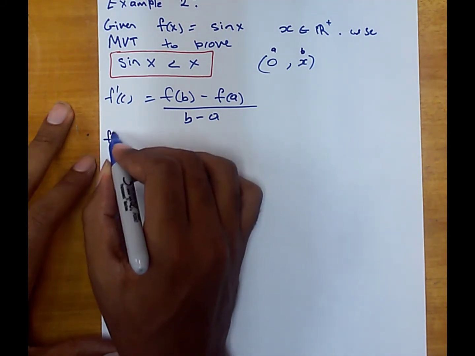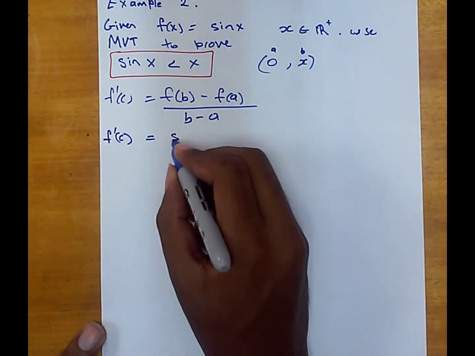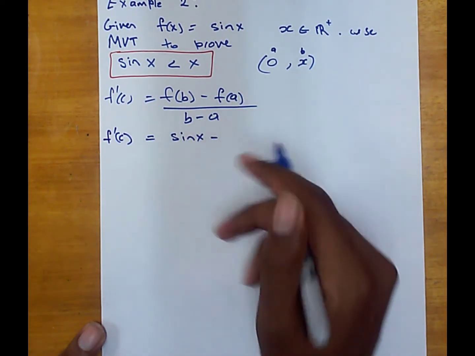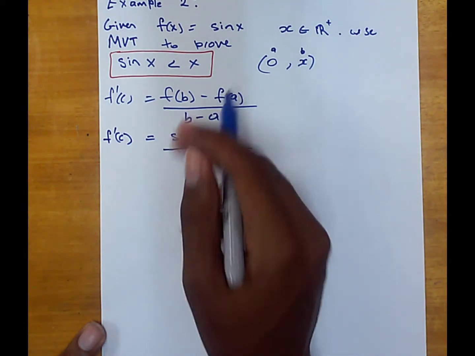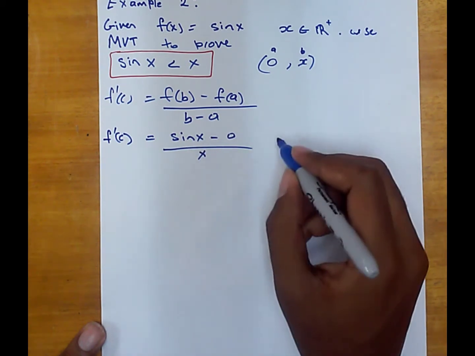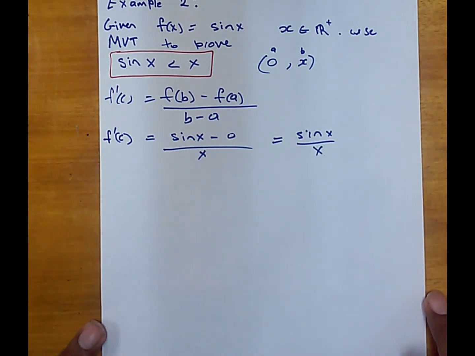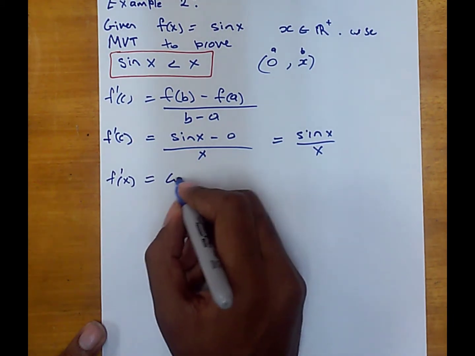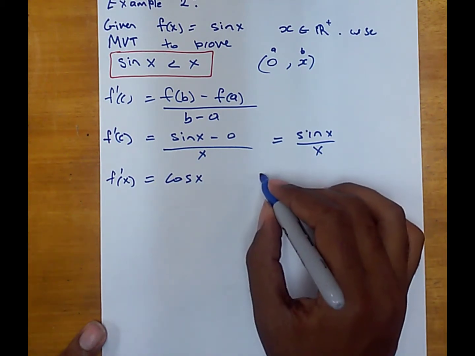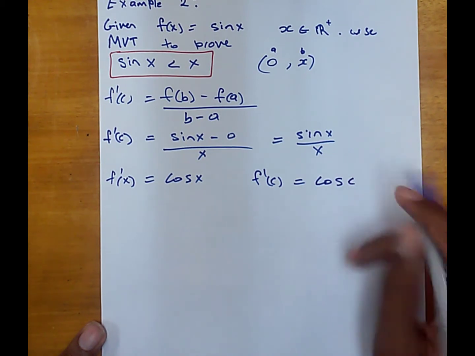So f prime of c is equal to sine x minus sine 0, which is just 0, over x minus 0, which is just x. So we have sine x over x. And differentiating our function, we have f prime of x is equal to cos x, which implies f prime of c would be equal to cos c.